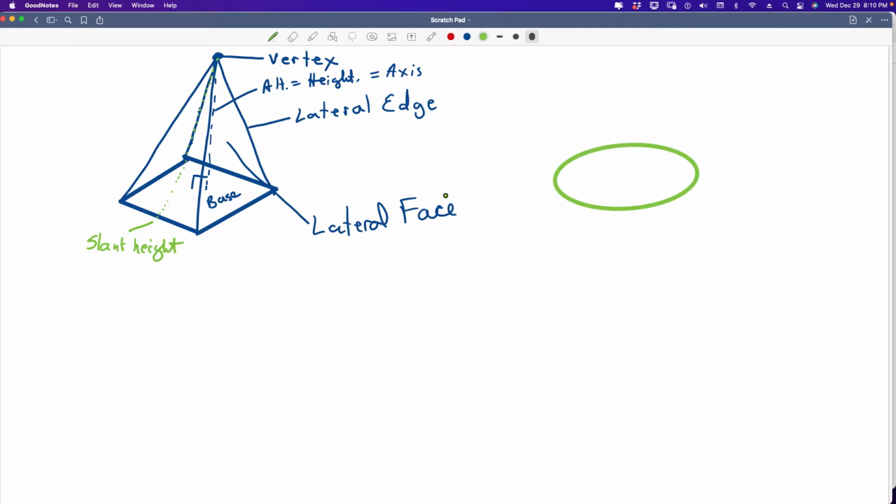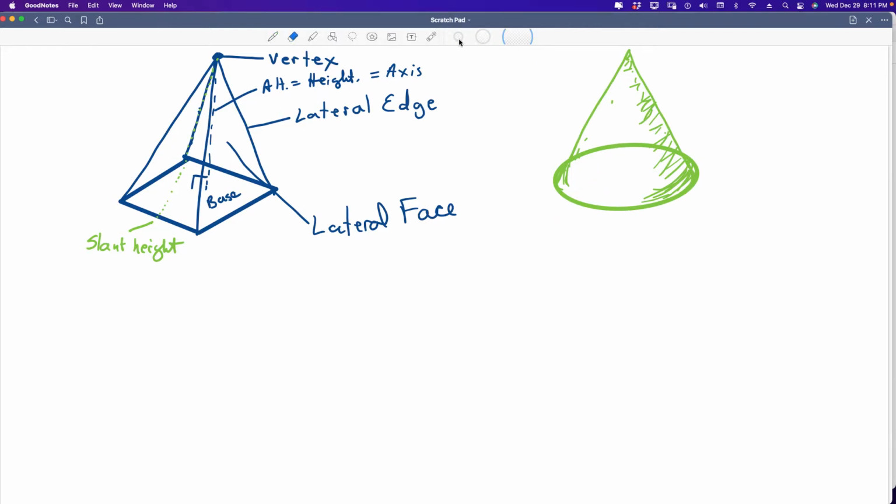A cone is a pyramid, but the base is a circle. Right? So you have some shading here that makes it look more cone-like. I'm going to try to kind of make that look good for you. So you kind of get the idea that that is indeed a cone. Think ice cream cone, right? Upside down ice cream cone.